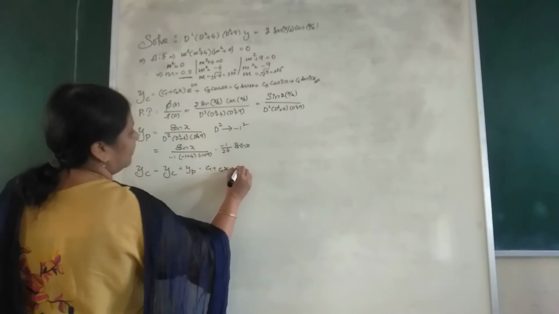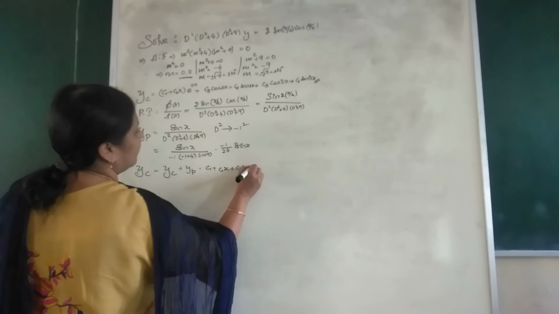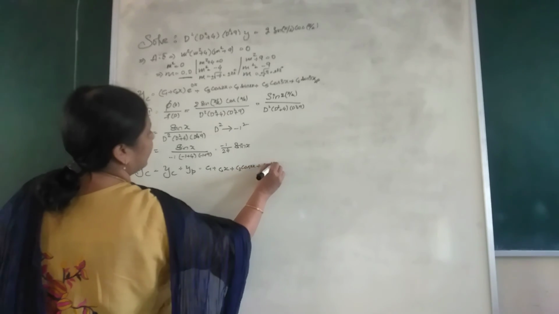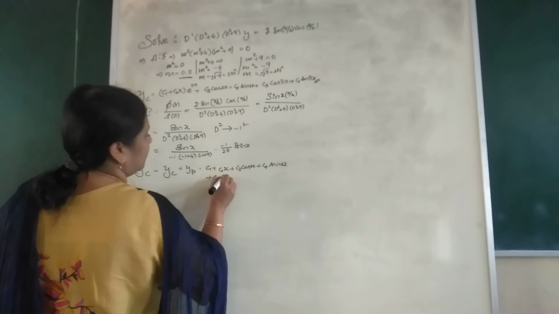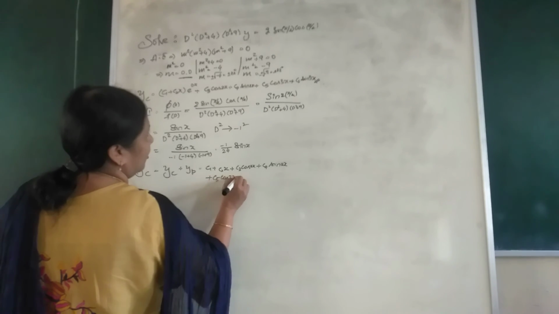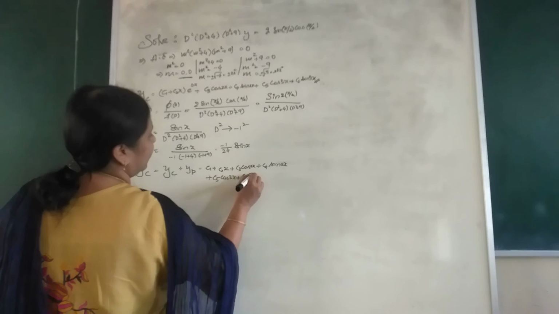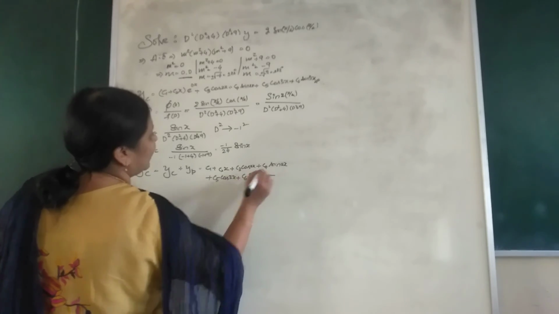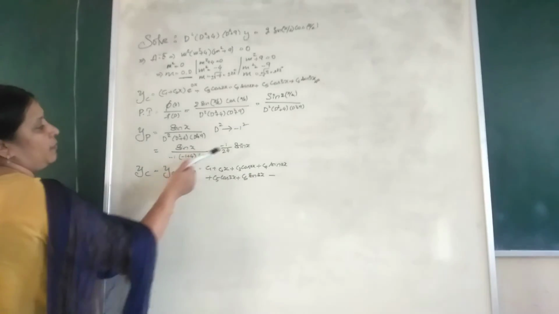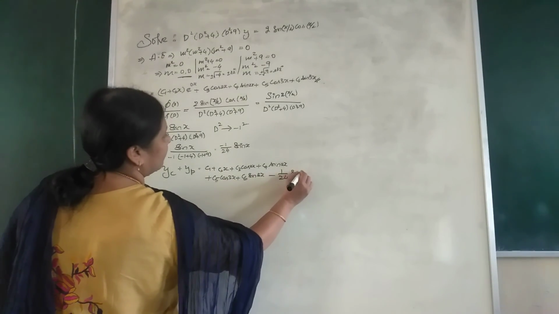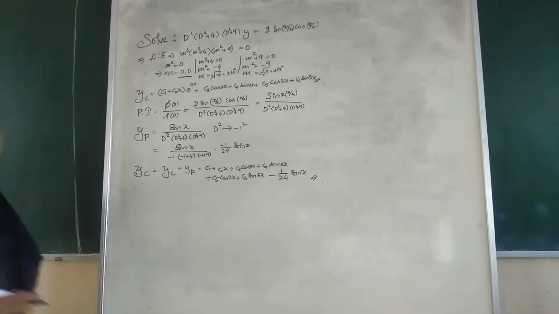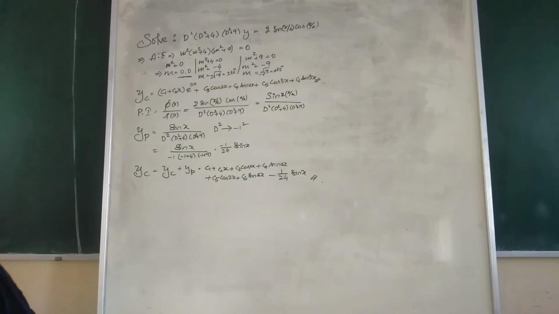So you can write c3 cos 2x plus c4 sin 2x plus c5 cos 3x plus c6 sin 3x plus our yp, but our yp has minus 1 by 24 sin x. So this is the final solution. Understood, guys?